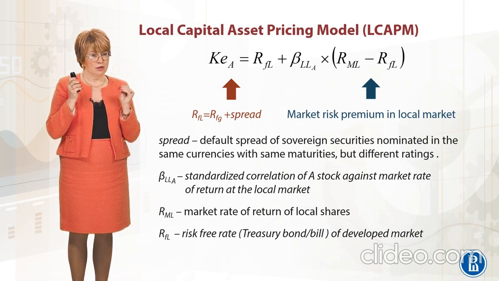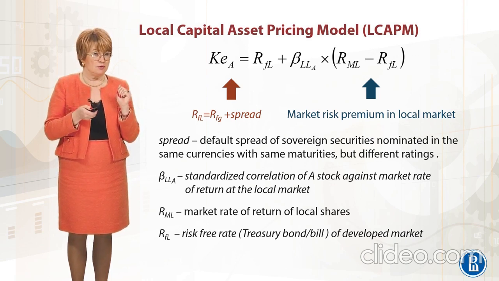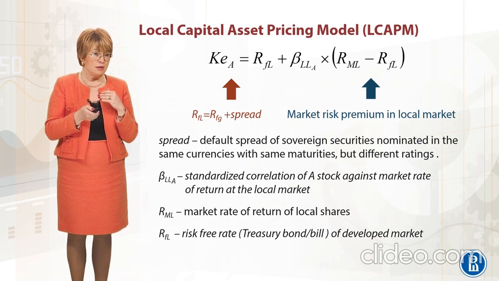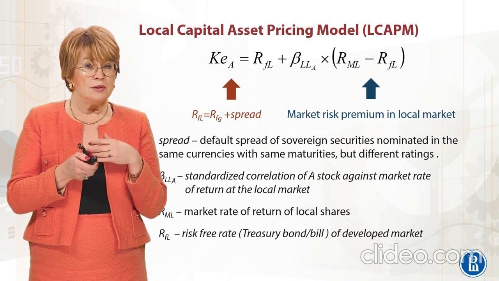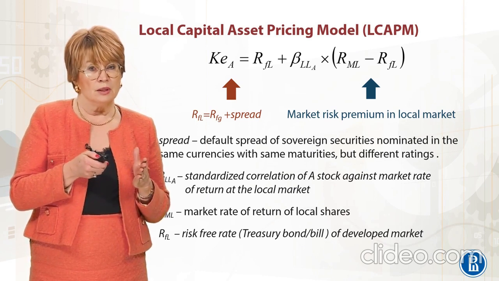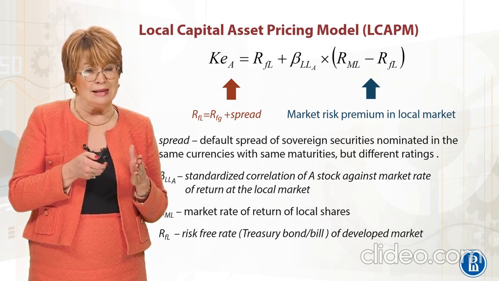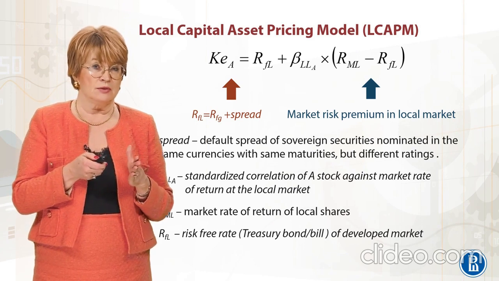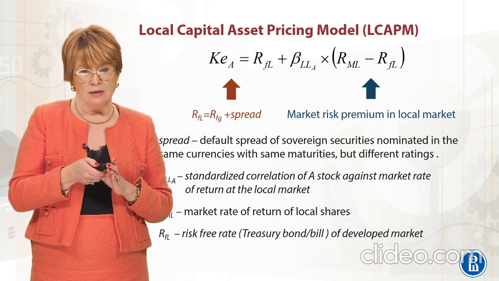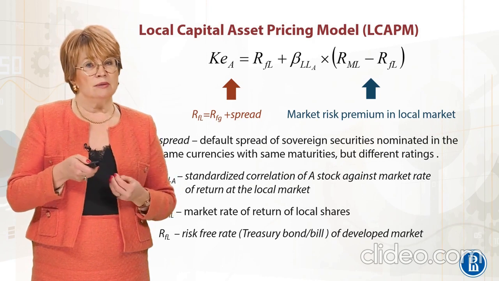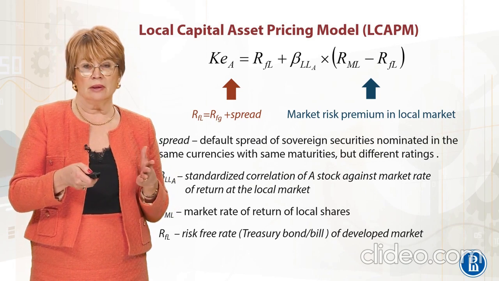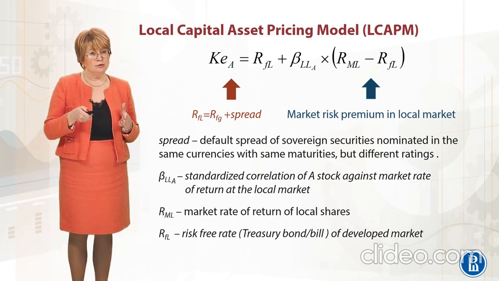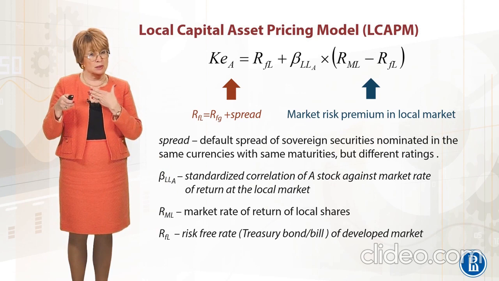But the local risk-free rate itself, as you see here on the right-hand side of the equation, is a mixture, a compromise, a combination of the global risk-free rate currently available at the moment of your analysis and the spread between the treasury bond from that particular local market and the treasury bond from the benchmark, which is the developed capital market.